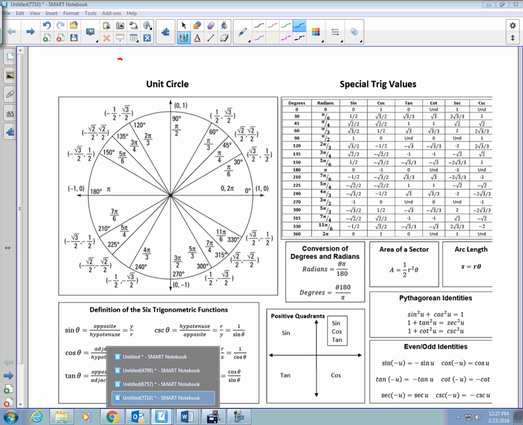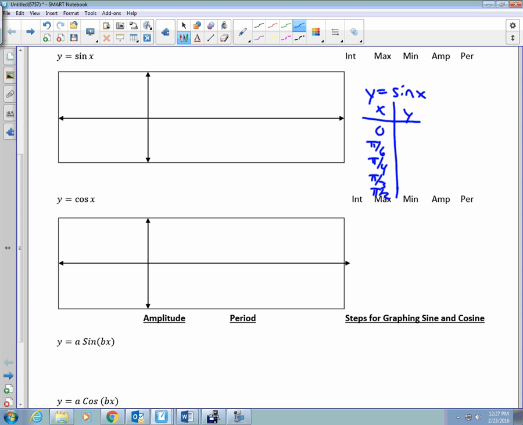So I go to my sheet, and I say sine of 0, you said, was 0. Sine of pi over 6, you told me, was 1/2, or 0.5. Sine of pi over 4, you told me, was square root of 2 over 2, which is 0.7071.